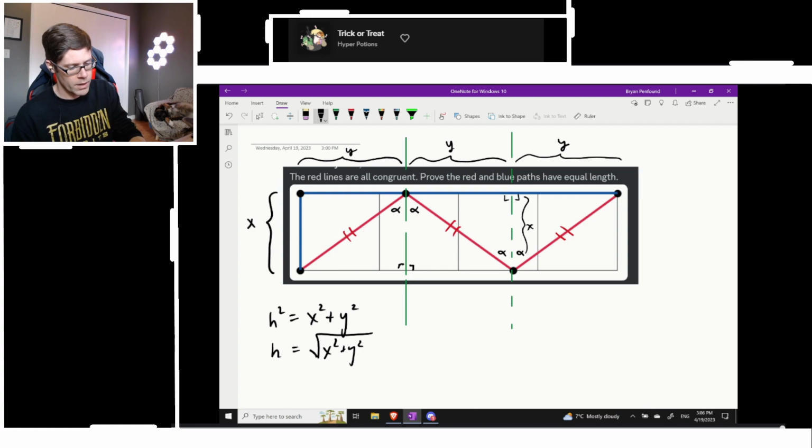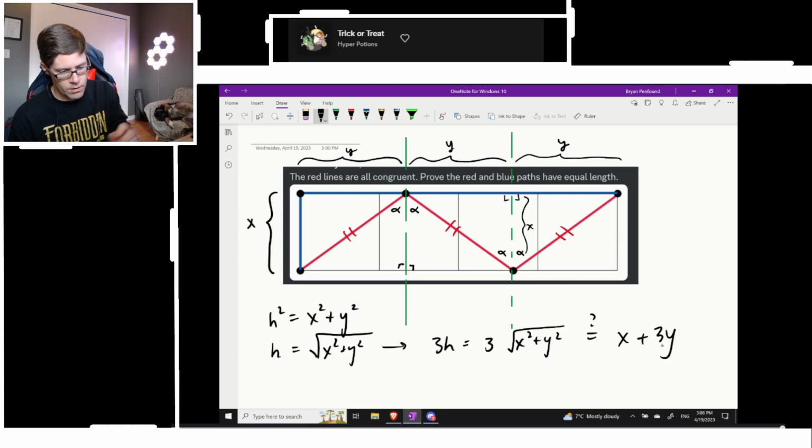And we actually have 3 of them, right? So what do we need to do? We need to show that 3 h's, which is 3 times this, is equal to x plus 3y.